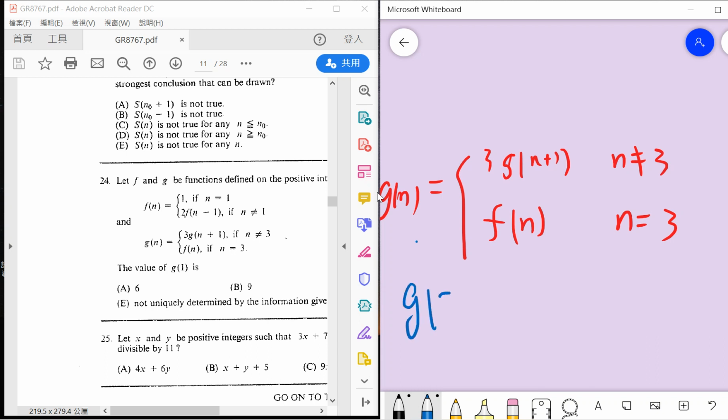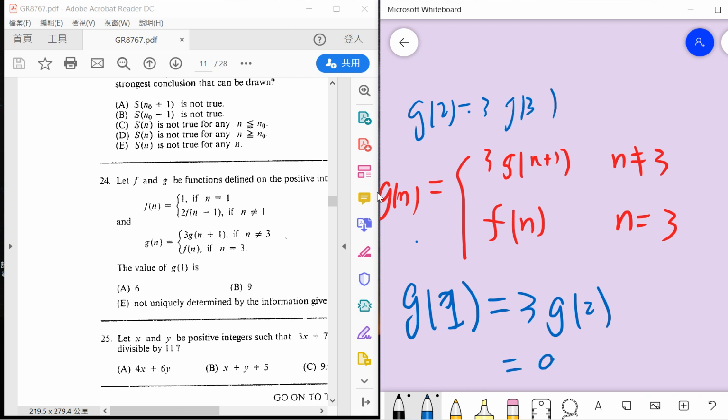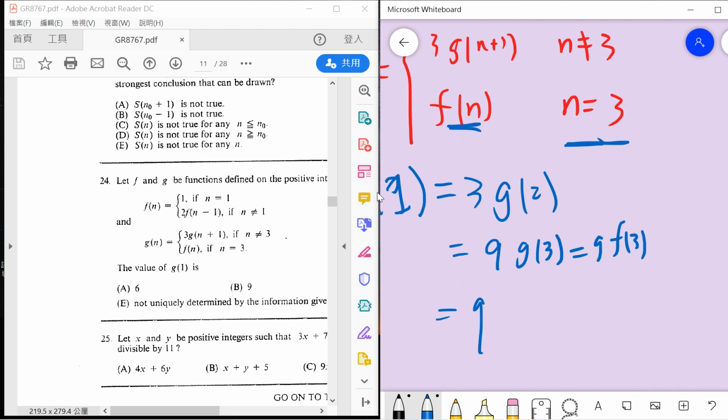So g of 1 is 3 g of 2, and g of 2 equals 3 g of 3. So basically this is 9 times g of 3. But g of 3 is f of 3, so it's 9 times f of 3.